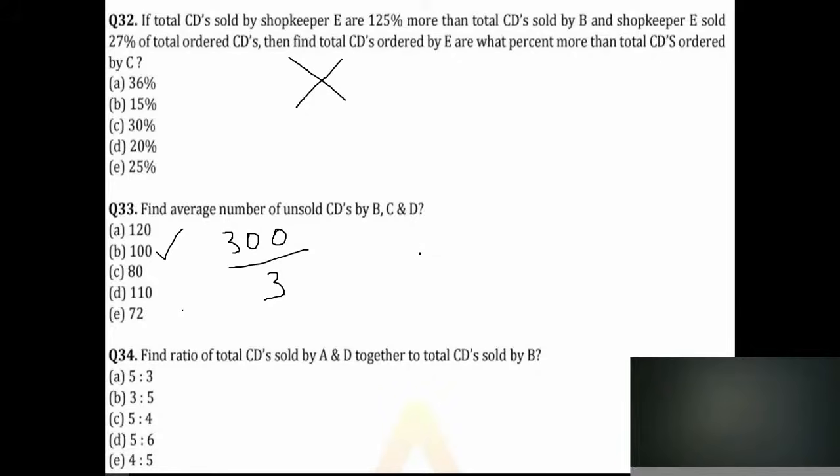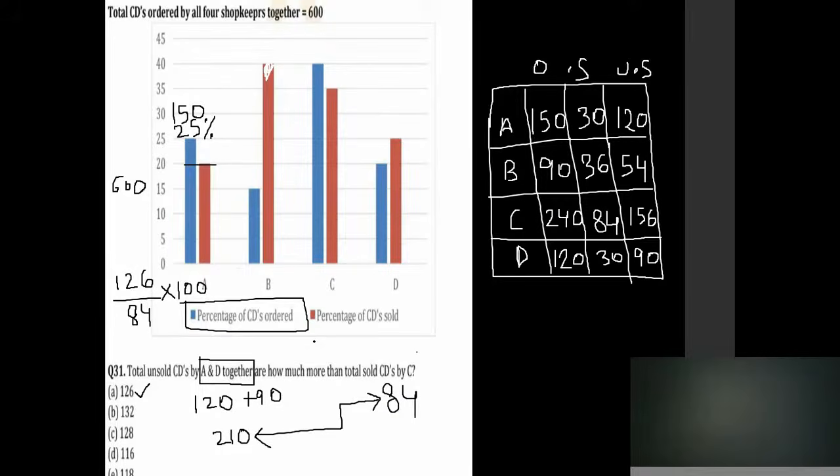Okay, next one, the 34th one. Ratio of total CDs sold by A and D together to the total CDs sold by B. Total CDs sold by A and D together is 60.